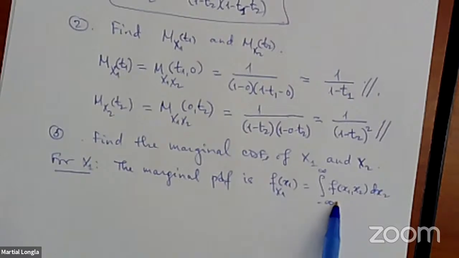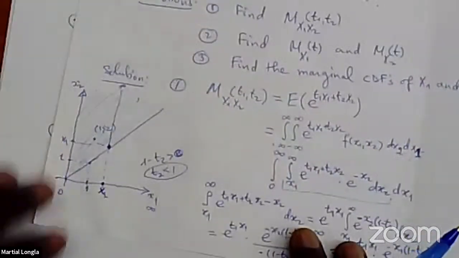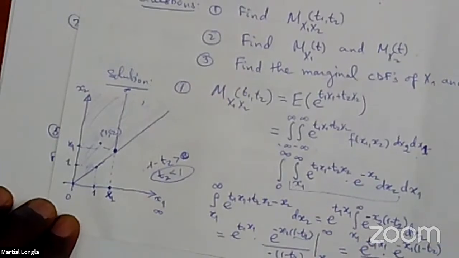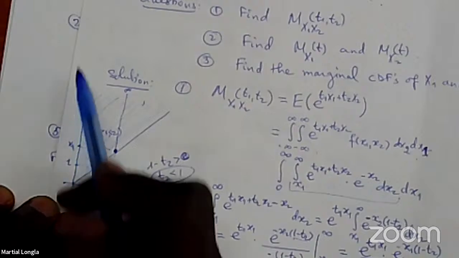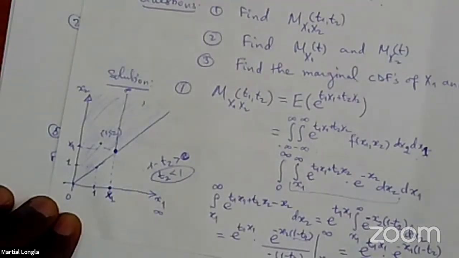To put in the formula of f, we need to know what's the range of integration. And knowing that x1 here is fixed, we go back to our graph. When x1 is fixed, what is the range of x2? From x1 to infinity, right? That same graph comes back here. So it is important to have the correct graph. Otherwise, all your questions are wrong.